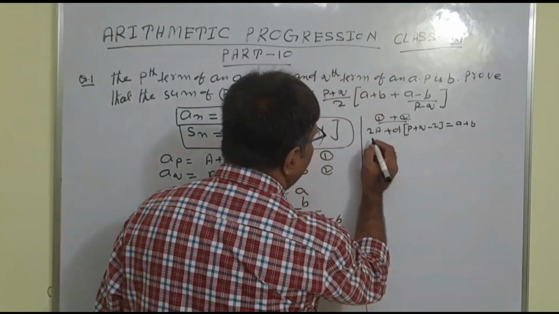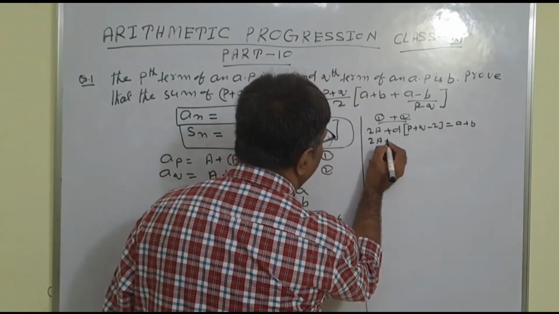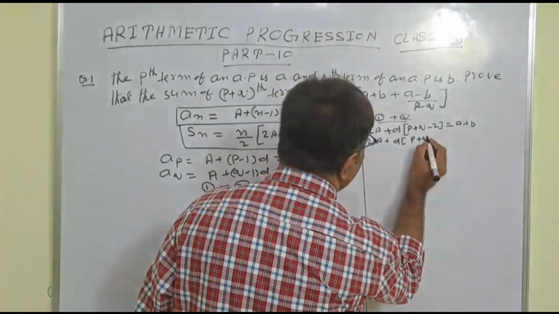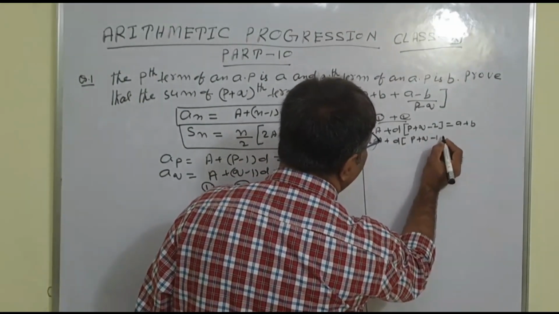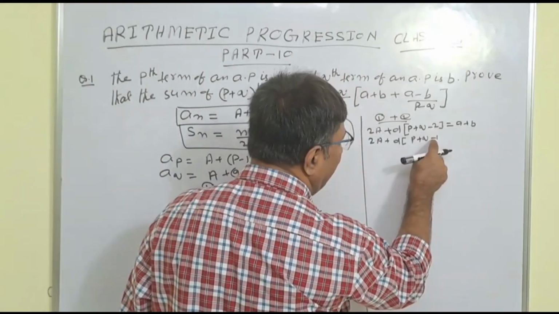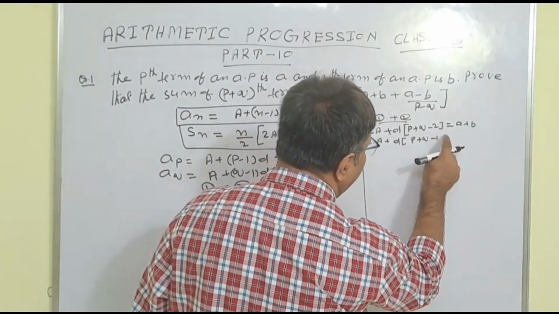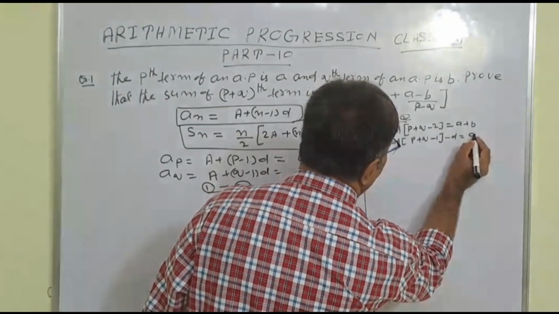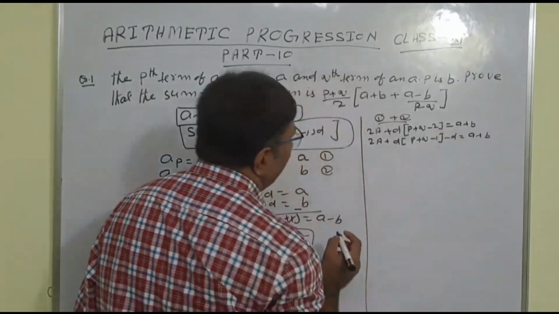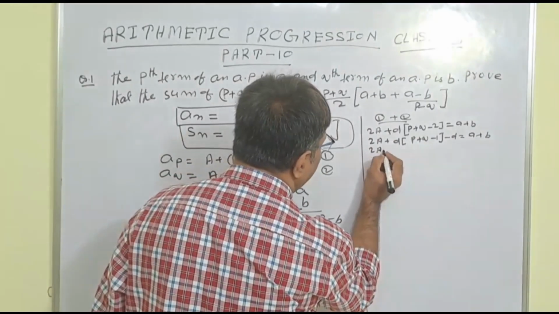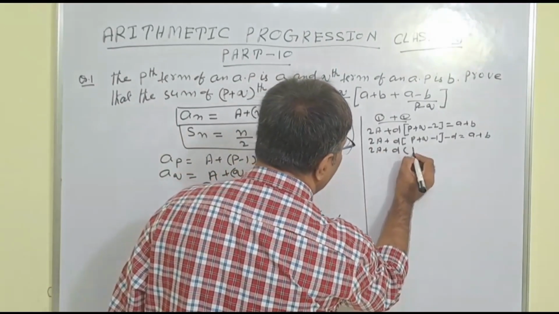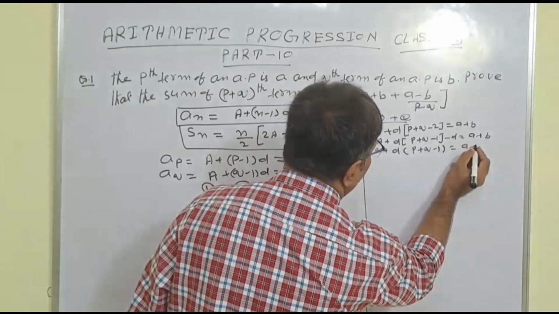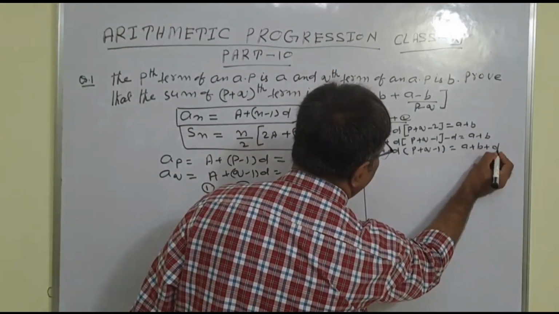Again we can write 2a plus d into (p plus q minus 1). Here it is minus 2, so we have written only minus 1, so minus 1 and minus 1, so writing here minus d. This equals a plus b. Now we can write 2a plus d into (p plus q minus 1) equals a plus b plus d.